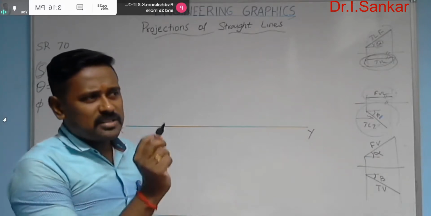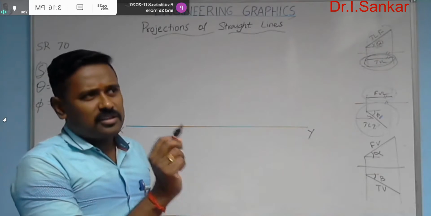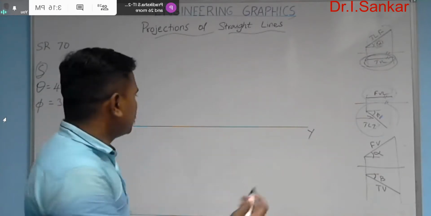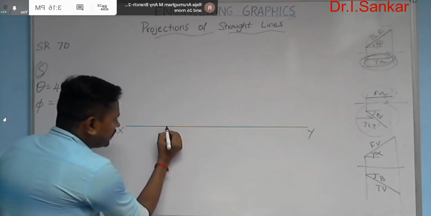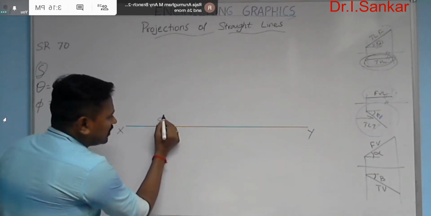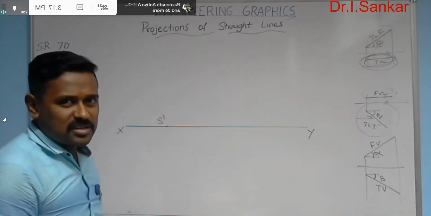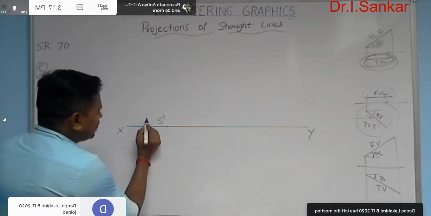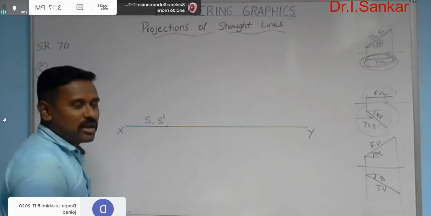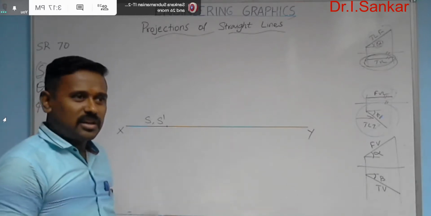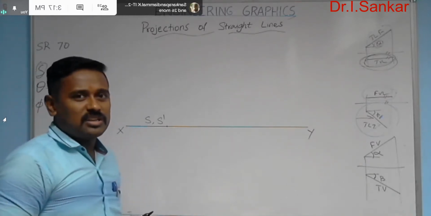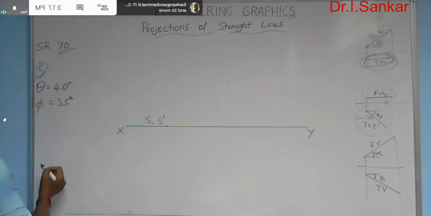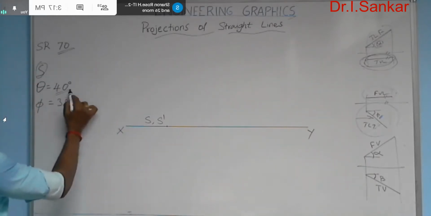If a point is in the reference line, then if you see it from the front, where can you locate it? In the XY line. Here I can locate S dash. S dash, and where you can locate the S, in the same point. So simply S comma S dash. There's nothing but the things you can see in the front view. And the line length is 70 mm. Its inclination with the HP is 40 degree.